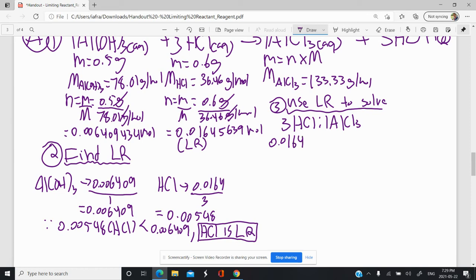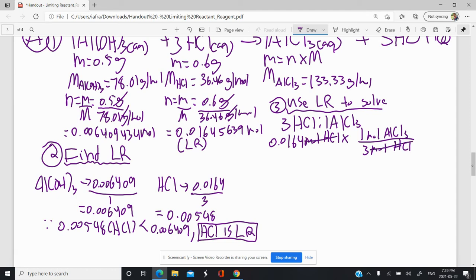All my decimals are in the calculator, but I'm not going to write them all out there. Moles of HCl times 1 mole of AlCl3 over 3 moles of HCl.